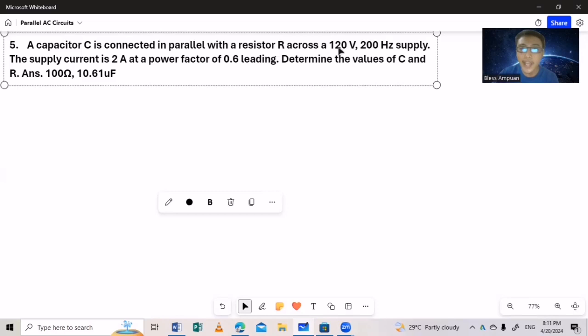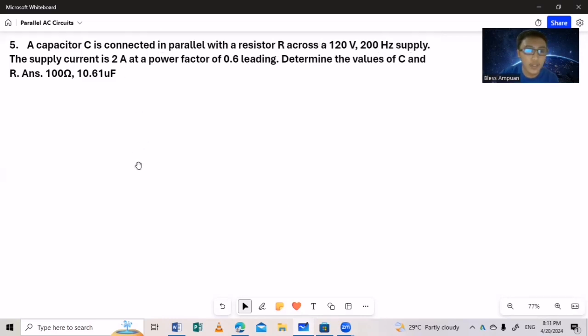We only have a voltage supply, which is 120 volts, and we are also given the current that flows in the circuit and its power factor, which is 0.6. Now we are going to get the capacitance and the resistance value.